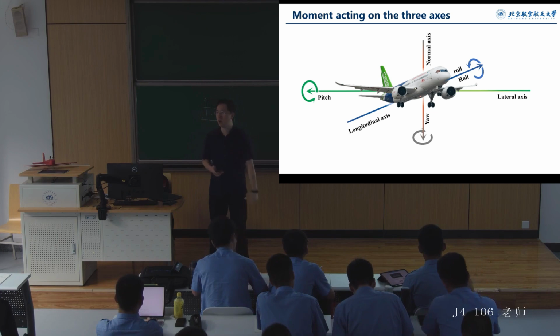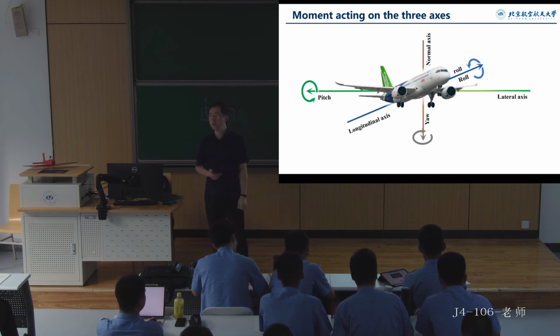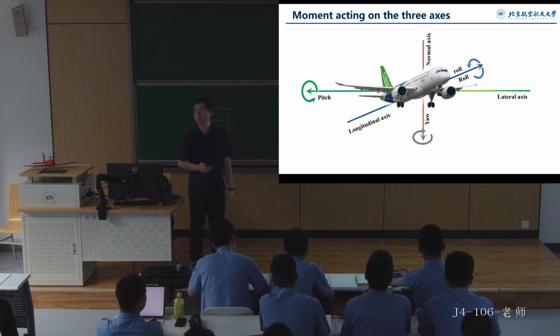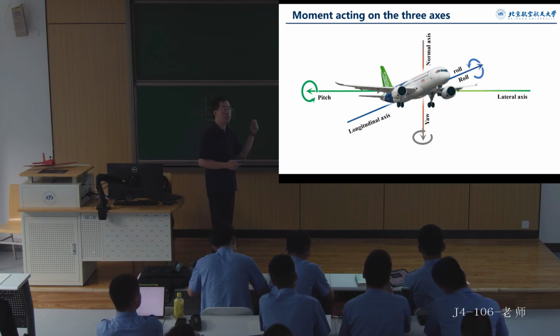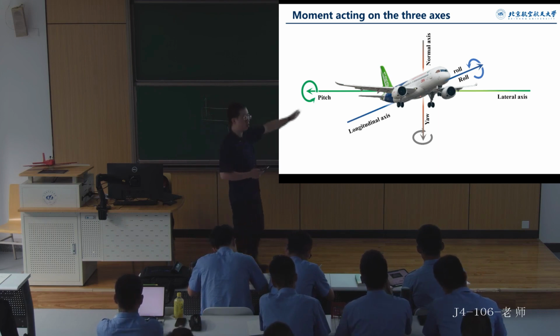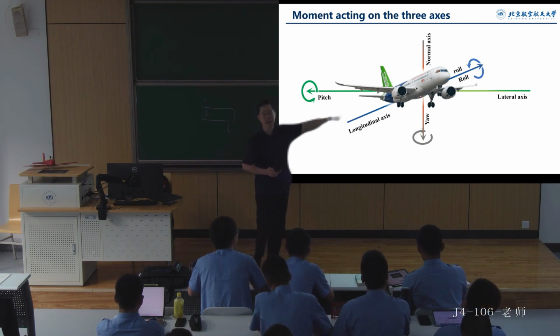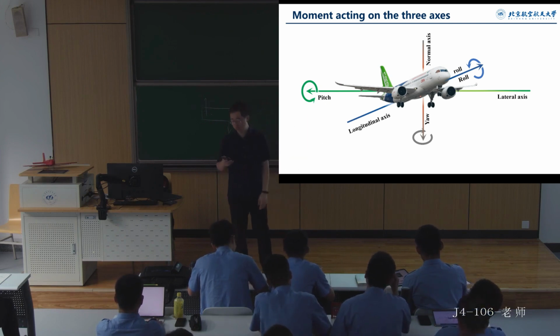What is the rotation around the vertical axis called? It's called yaw motion, corresponding to the English term yaw. When we later discuss the rotation of the aircraft, we will use these concepts. This also serves as a review of the covered knowledge, and I hope our students will pay attention.